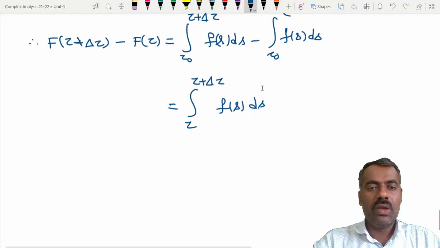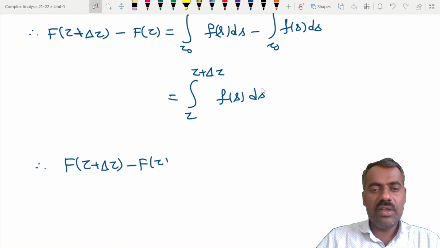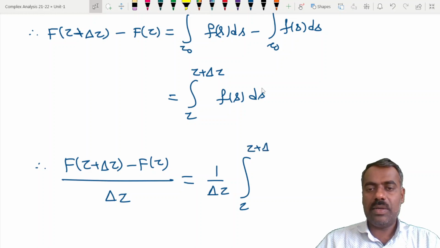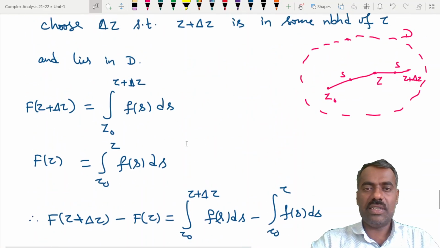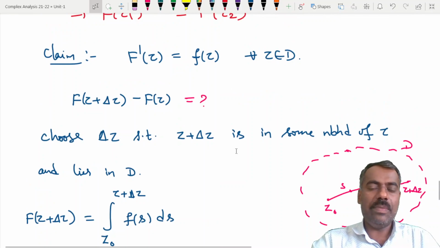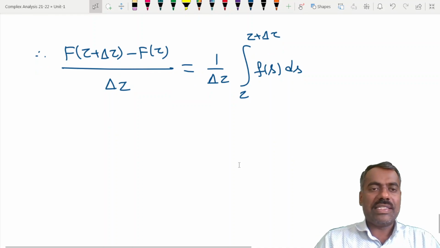Therefore, f of z plus delta z minus f of z, upon delta z, is nothing but 1 by delta z times the integral from z to z plus delta z of f of s ds. Now we want to show that, subtracting f of z and taking the limit as delta z tends to 0, that value is zero.